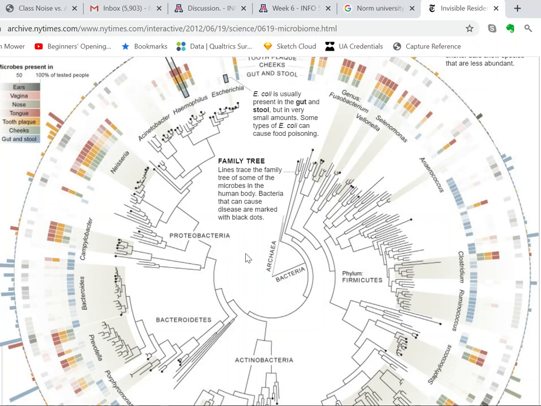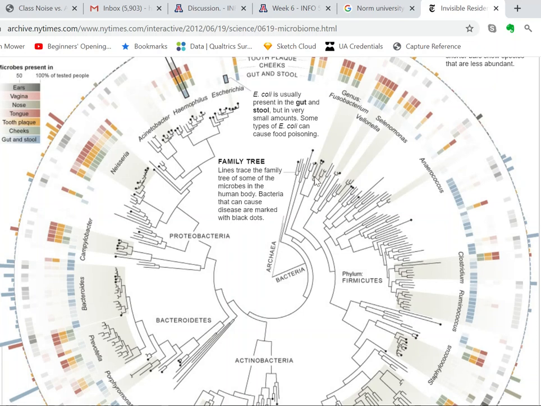So you can see this tree is organized in a circular way, so all the branches can be visualized fairly clearly and precisely. And at the end tip, you see those black dots. If a tip has a black dot, this indicates this bacteria is disease-causing. So this graph carries lots of information.